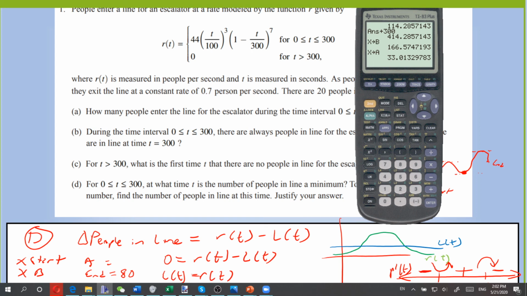So for A, I'm going to do 20 plus the integral of our number of people entering per second in terms of seconds from 0 until A. Then I'm going to subtract the number of people who are leaving, which is the integral of the people leaving per second in terms of x from 0 to A. That should give us the total number of people in line for the escalator at A, which is only 3.8 people.